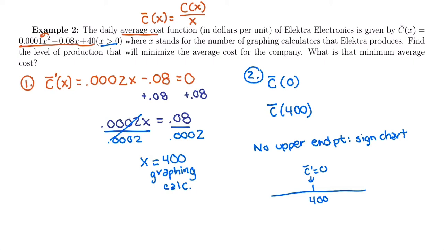So for our critical number, we can choose any number to the left. It might not make sense for them to produce 0 graphing calculators, but we can still test it just to see what's happening with the derivative. So I'm plugging into my derivative. I would have 0 minus 0.08 when I plug in. I would get a negative when I plug into the derivative. If I plug in 500, I could use my calculator if I need to, but I'm getting a positive number out for the derivative.